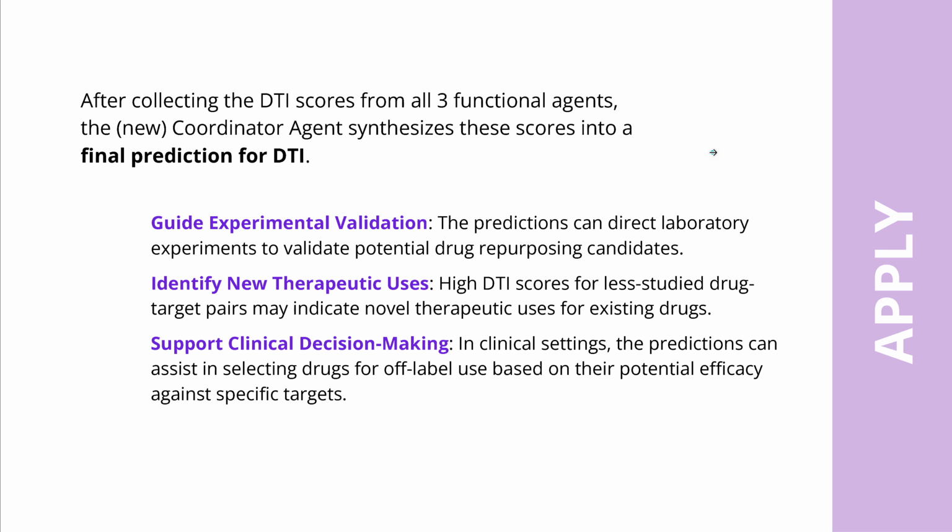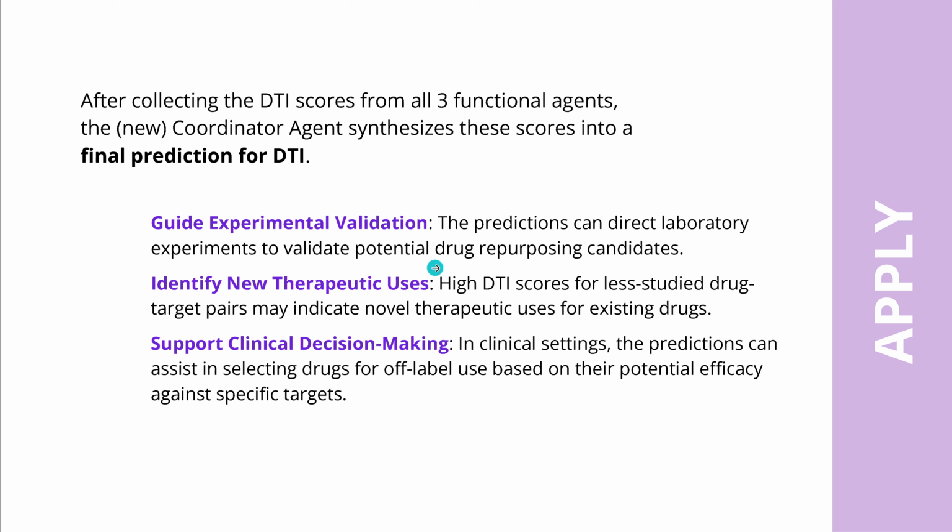So if we apply this now, and this is the nice thing here, the prediction can direct laboratory experiments to validate potential drug repurposing candidates. So we already have some potential medical drugs that could help us in other cases. And now we don't just want to do here the human experimentation, but we just do computer simulation.